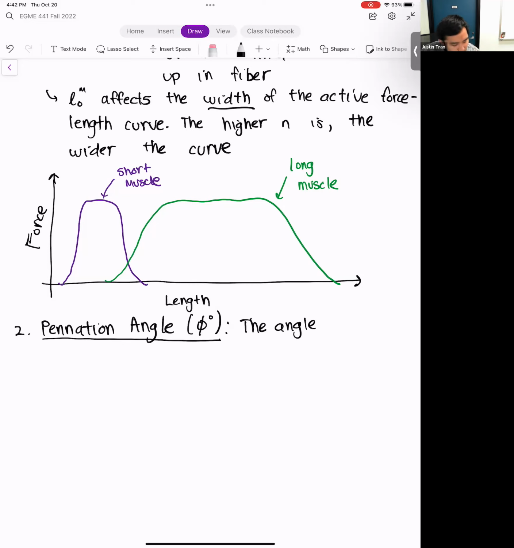This is the angle at which the muscle attaches to the tendon, which is how it attaches to the bone. And what the pennation angle does is determine how much of the muscle force will actually go towards rotating the limb.